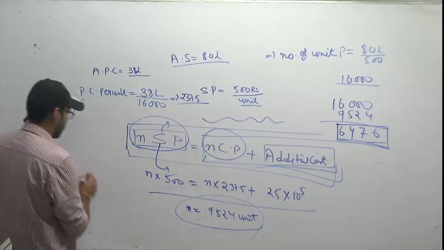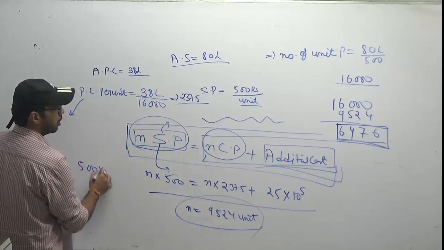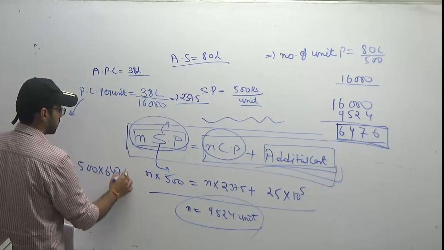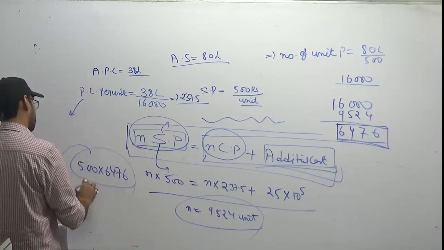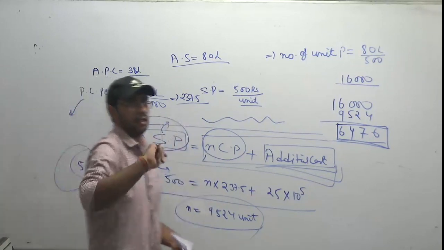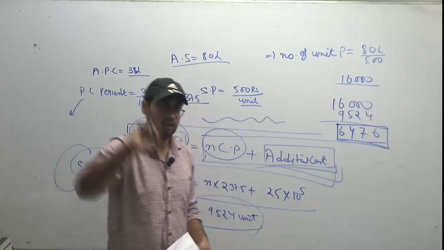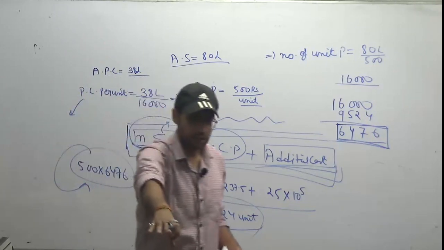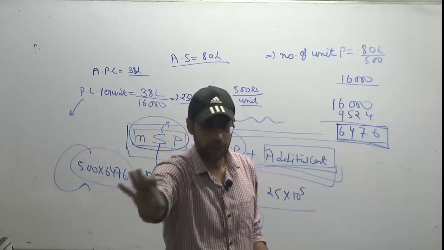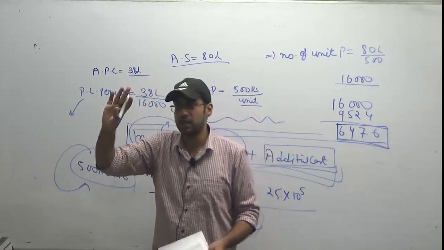So selling price is your what? 500 into 6,476 is the actual profit that you are getting after the break even point. Got the point? Everything is clear? Online students, everything is clear?